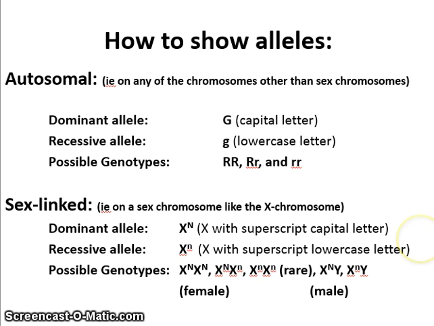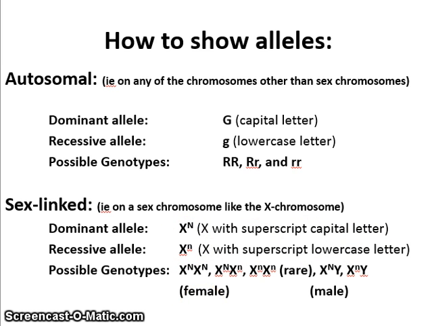Sex-linked alleles are similar, but rather than just having the letter for the allele, we also put the letter X to show that this allele is attached to the X chromosome. It's a section of DNA on the X chromosome itself. So a dominant allele we would show as X with a superscript capital N up the top, and a recessive allele we would show as X with a lowercase n up the top right.